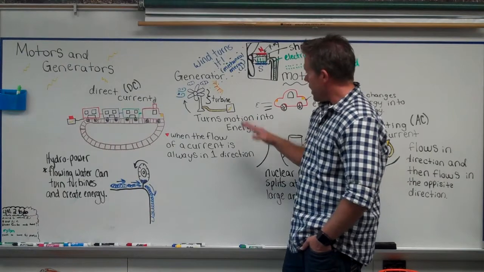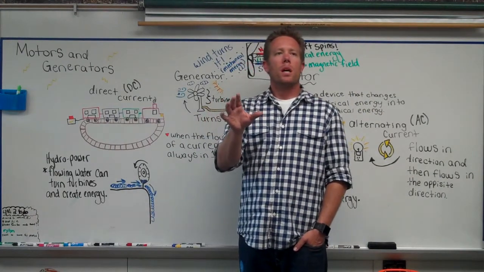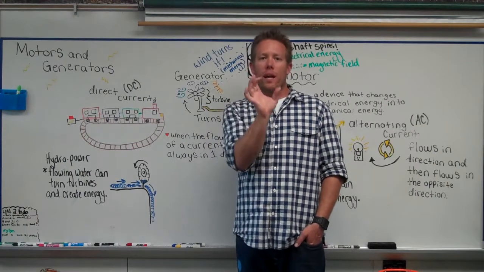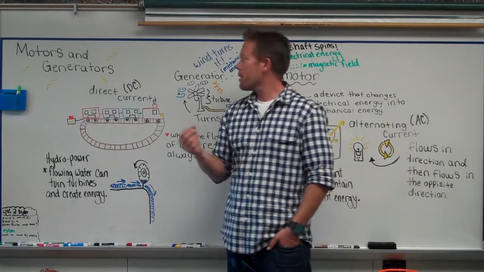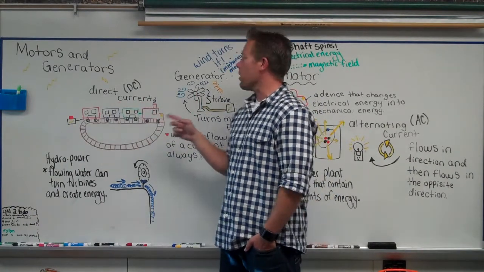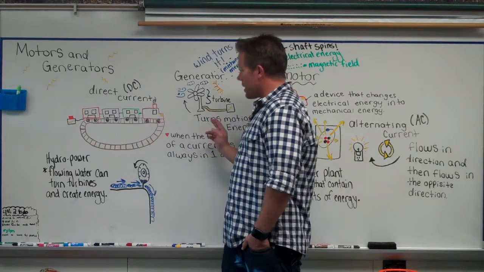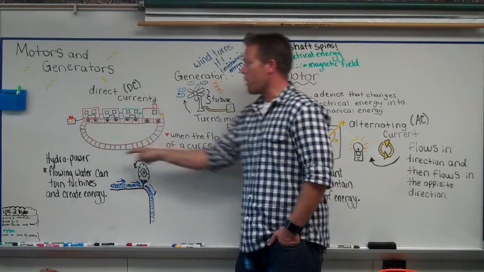All right. Now, there's two different kinds of electrical energy paths or movements. Okay. The one path is called a direct current. So the electrical energy basically is when the flow of a current is always in one direction.